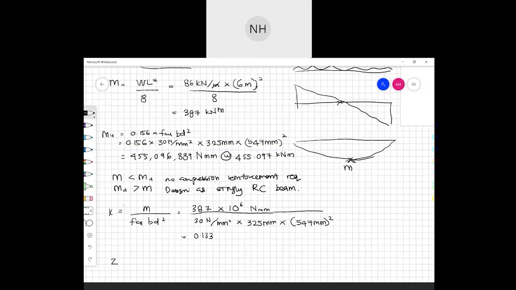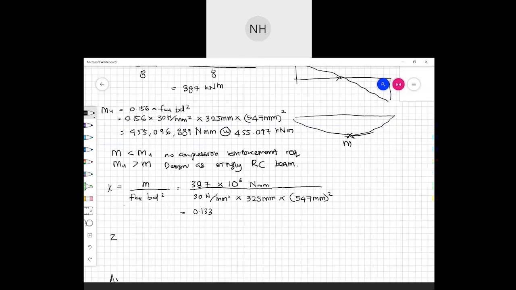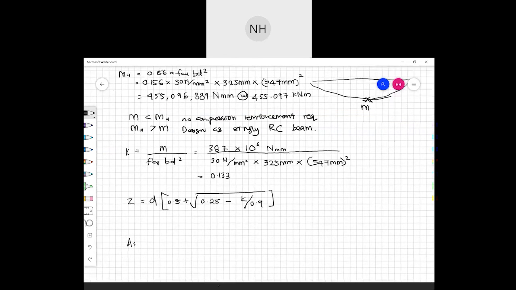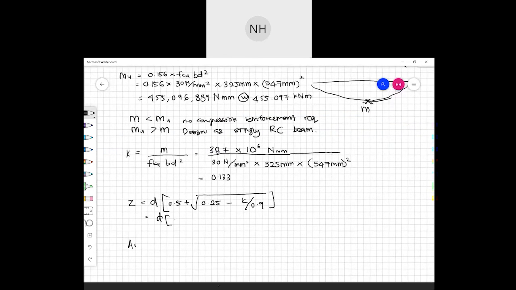After that, we calculate Z. We know the Z formula is D times 0.5 plus square root of 0.25 minus K divided by 0.9. This is the formula. Just substitute D and leave it outside. Square root of 0.25 minus 0.133 divided by 0.9.